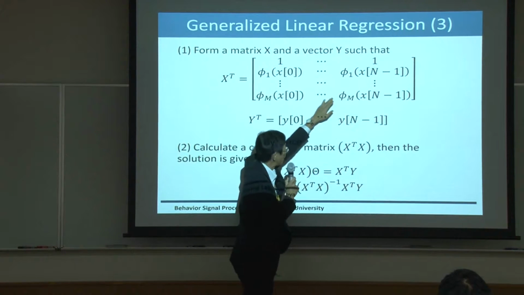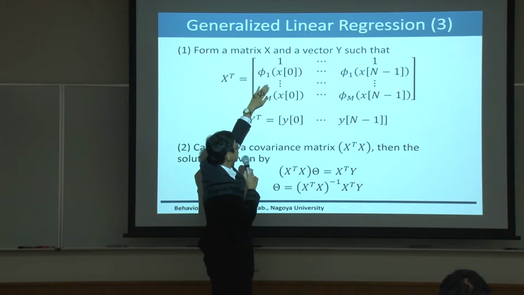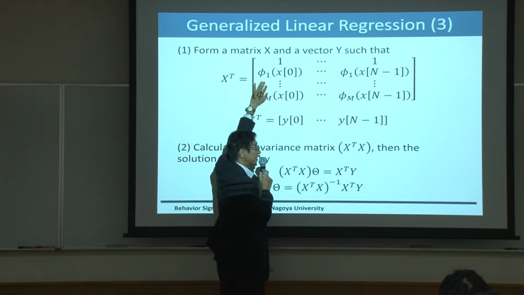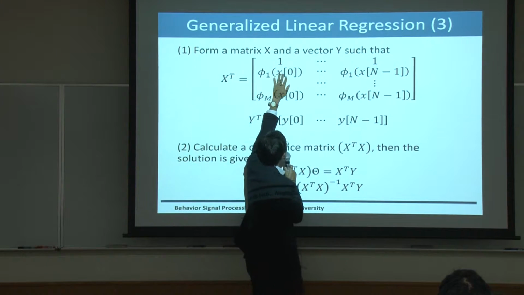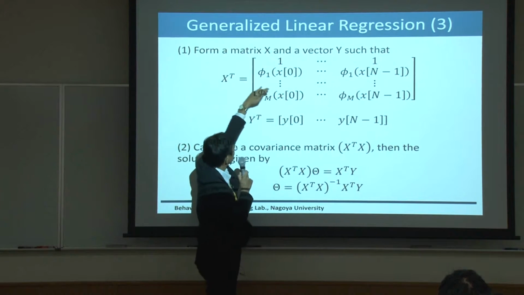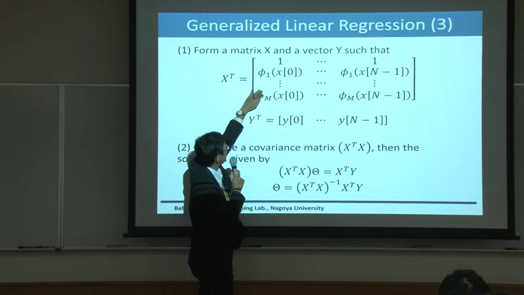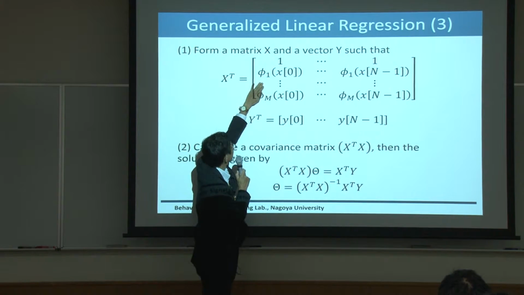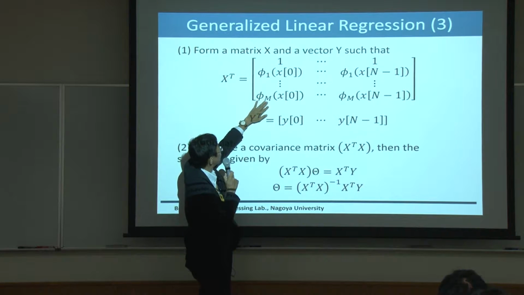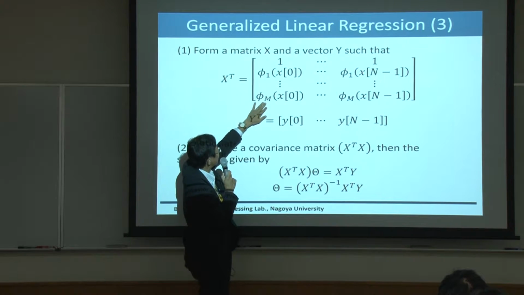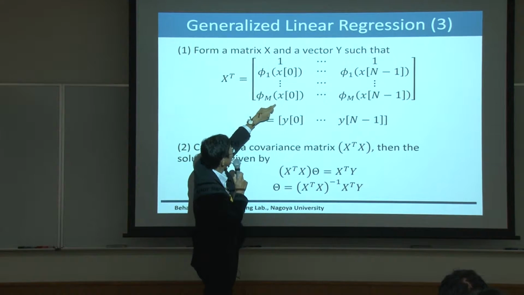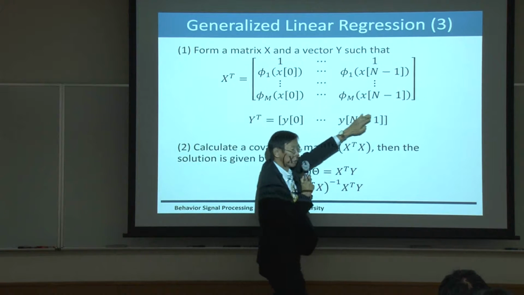All those values are fed to the function phi 1, and the result is put here in the second line. For the third line, you do the same thing for the new function phi 2, and so on. And finally, you do the same thing for the Mth function phi M for x0 to x n minus 1.